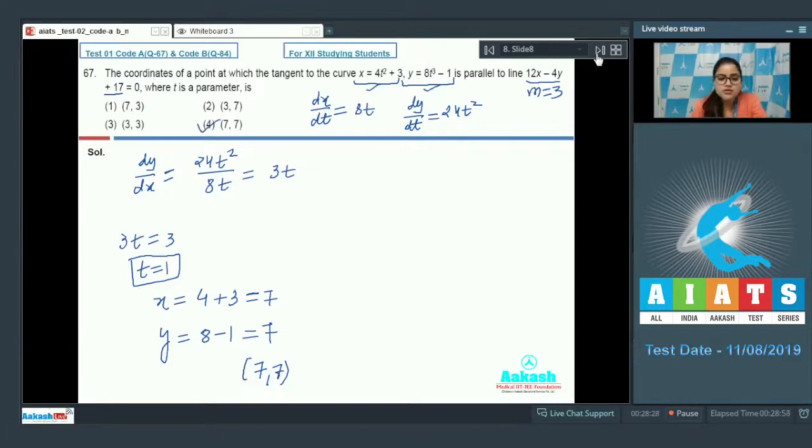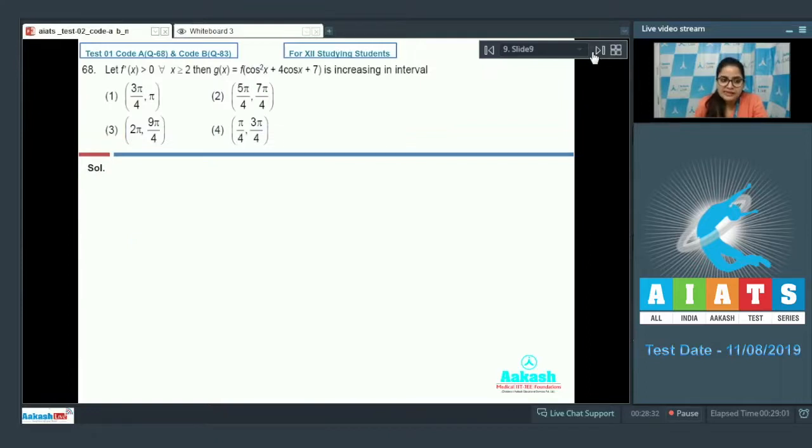Now move on to your next question, which is question number 68. Let f dash x be positive for all x greater than or equal to 2, then g of x is equal to f of cos square x plus 4 cos x plus 7 is increasing in interval. So first of all, check this function, and it is given f dash x is positive when x is greater than or equal to 2.